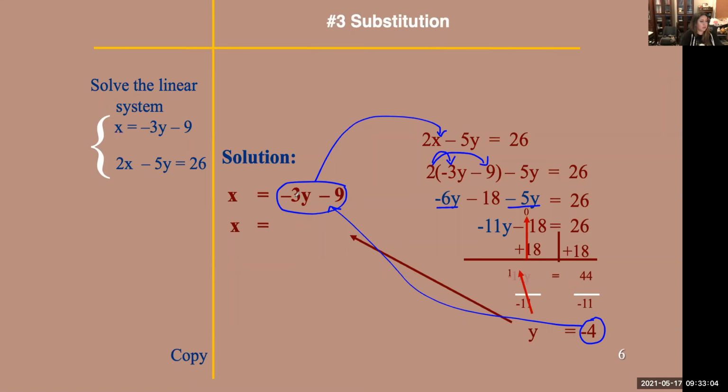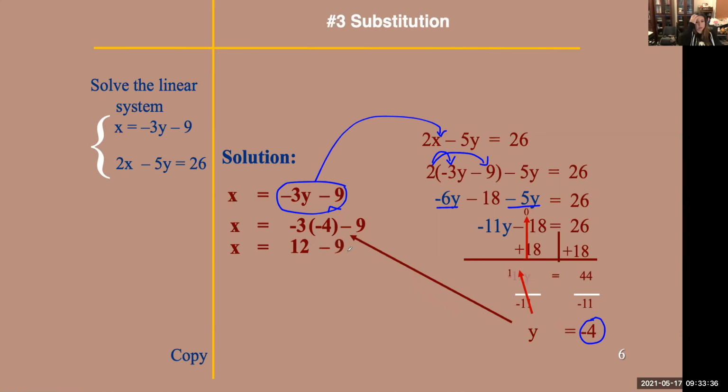So I get negative 3. Instead of that y, I'm going to plug in that negative 4. Bring down that negative 9. Negative 3 and a negative 4. Negative times a negative gives me a positive, so it's going to be positive 12.